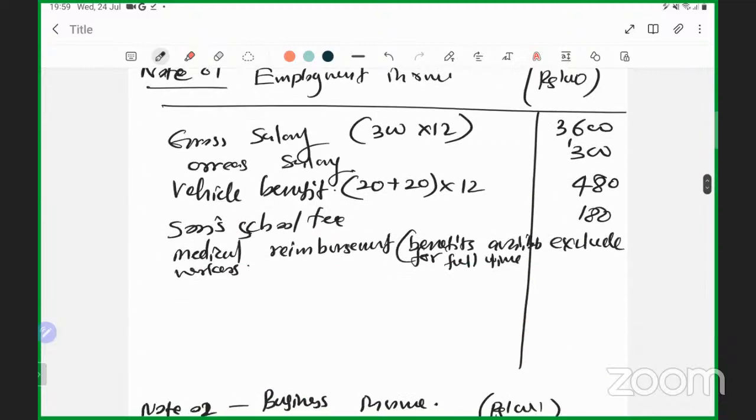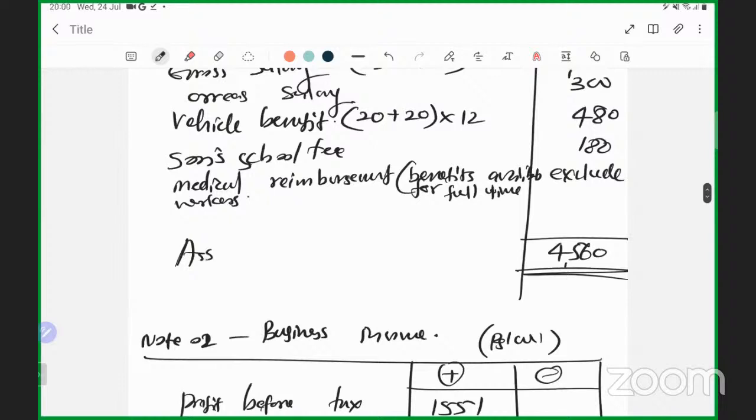Now we can complete the employment income, altogether 4,560. Assessable income from employment 4,560.